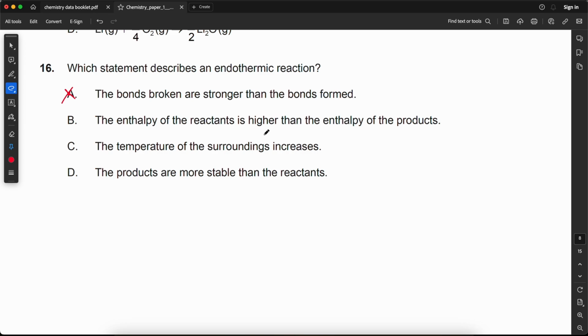For B, the enthalpy of the reactants is higher than the enthalpy of the products, so delta H is negative, it's exothermic. The temperature of the surroundings increases, exothermic. The products are more stable than the reactants, again exothermic.